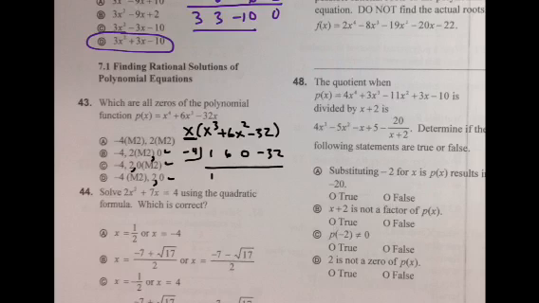And bring down the 1, negative 4, that's 2, negative 8, and then 32, 0. So negative 4 is a 0, and so x squared plus 2x minus 8x factors like this: x plus 4, x minus 2.